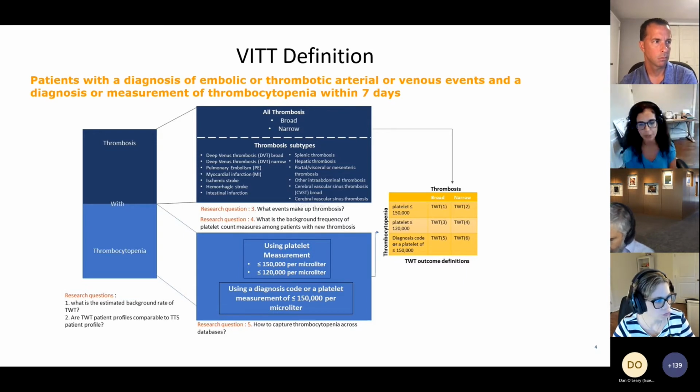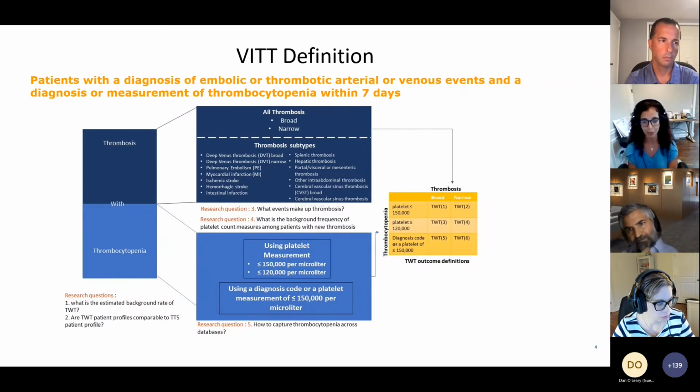And then the fifth research question was how to capture thrombocytopenia across databases. Some databases have measurements, some databases only have diagnoses, some have a mix of both. So we wanted to see, should we only use measurements? Should we also allow people to be qualified into thrombocytopenia through a diagnosis?